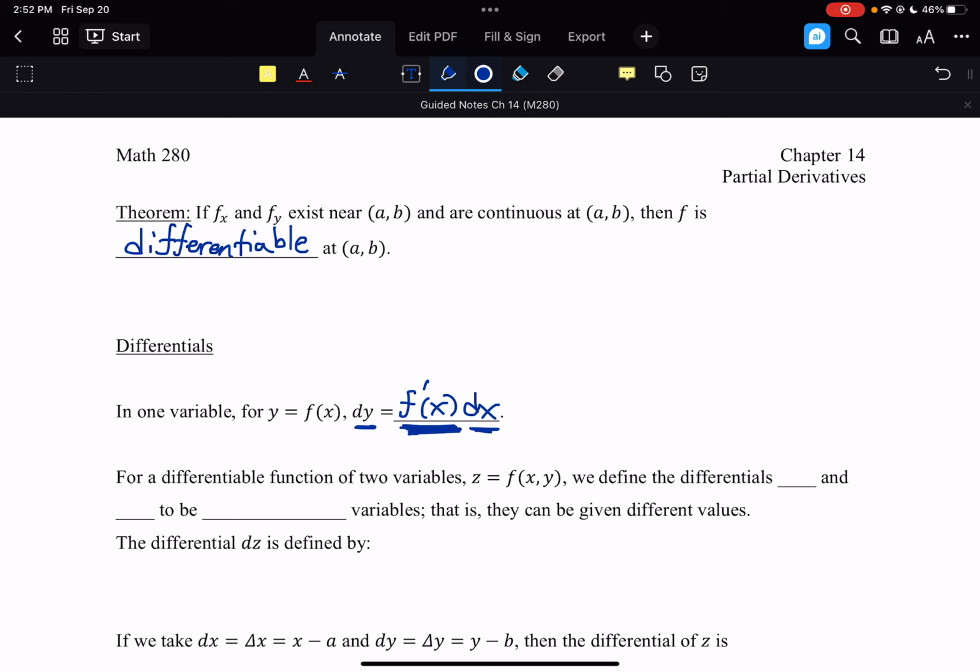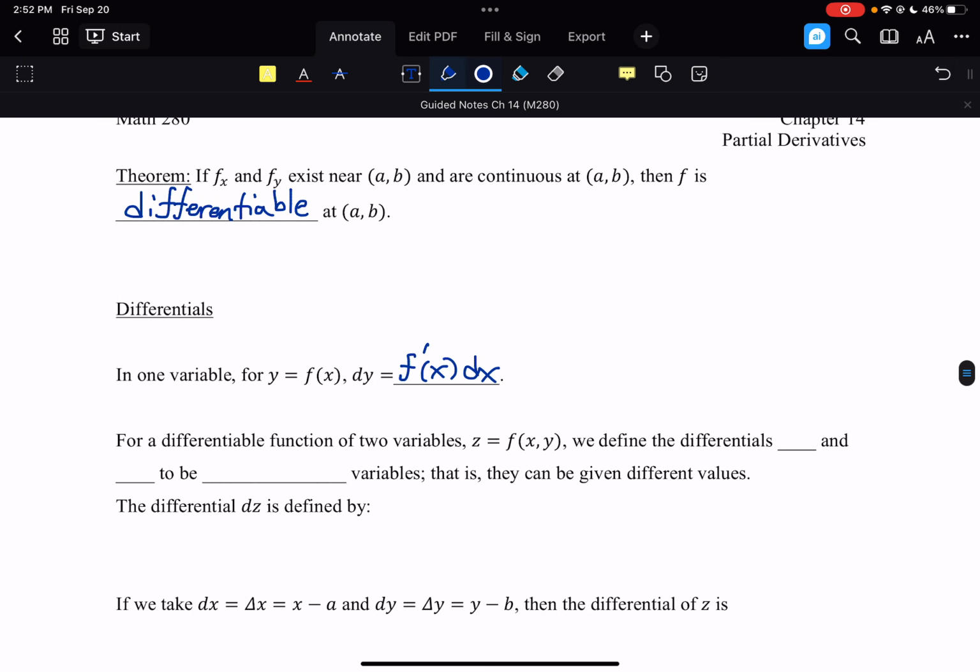Dx and dy are going to be representative of changes in values for x and for y. So for a differentiable function of two variables, z equals f of x, y, we define the differentials dx and dy to be independent variables. That is, they can be given different values.